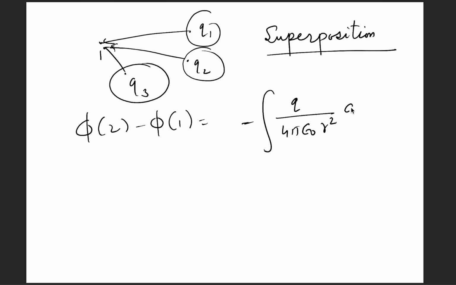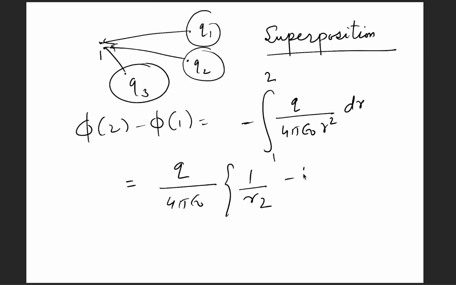So I will solve this integral. It will give me q by 4 pi epsilon naught times 1 by r2 minus 1 by r1.